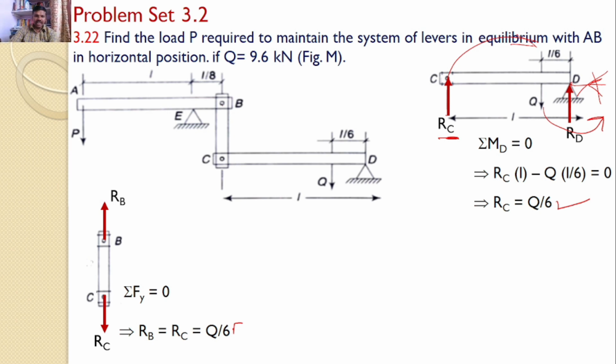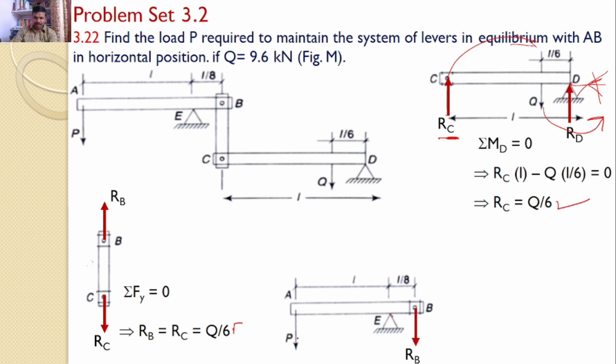Now finally let us consider the free body diagram of lever AB. I know at B the reaction force is RB and that force acts downwards, because in BC the reaction force at B is upwards, hence in AB the reaction force at B is downwards, and the force P is acting in the downward direction.